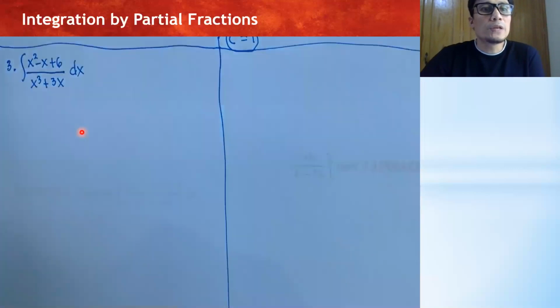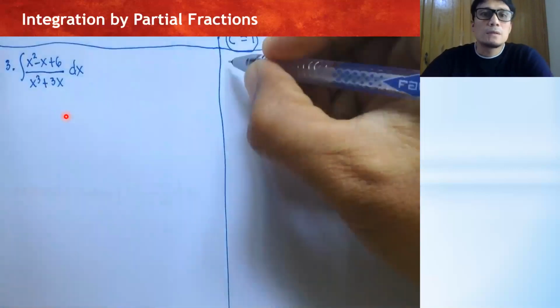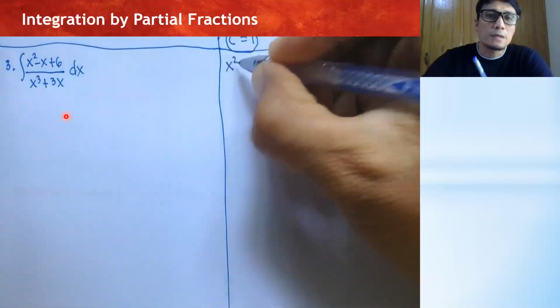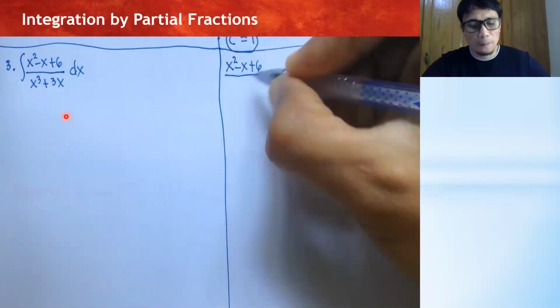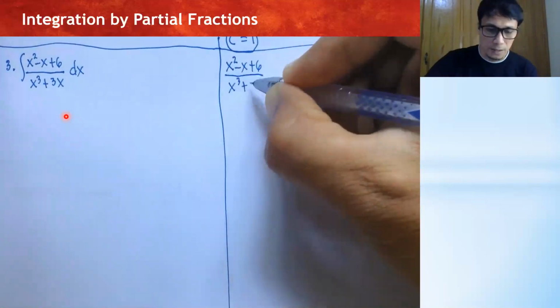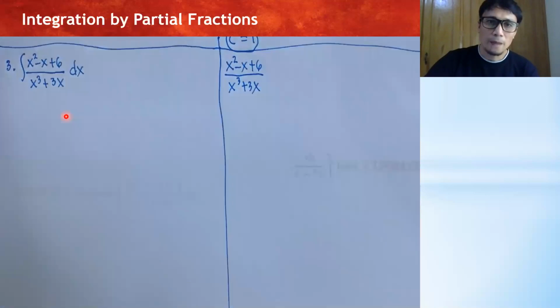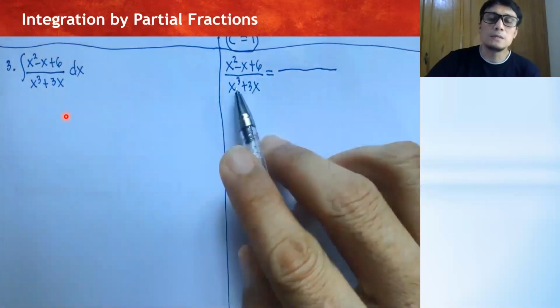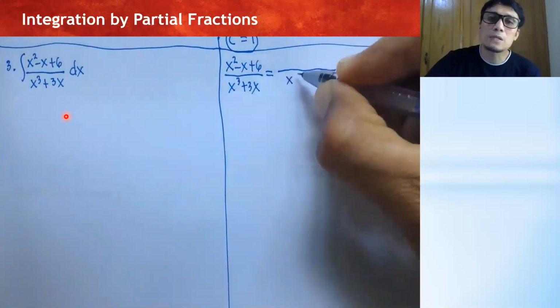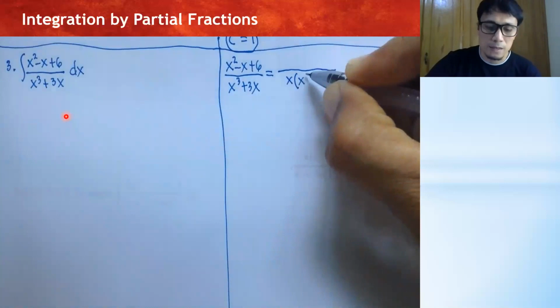So we're going to write here the integrand, okay? x squared minus x plus 6 over x cubed plus 3x. And then we factor the denominator. We have x and x squared plus 3, right?